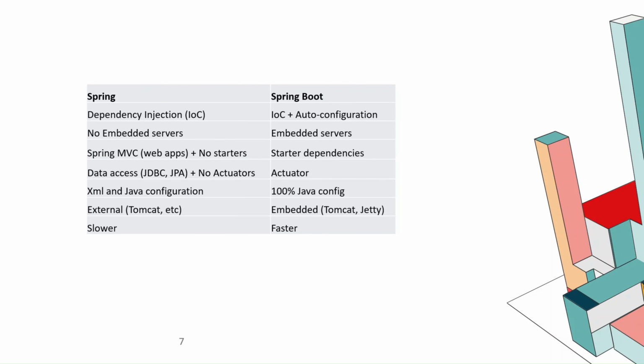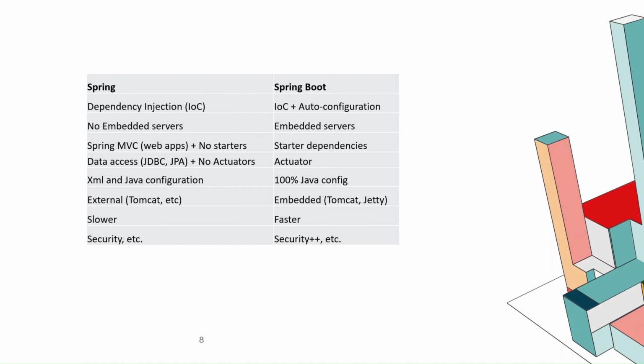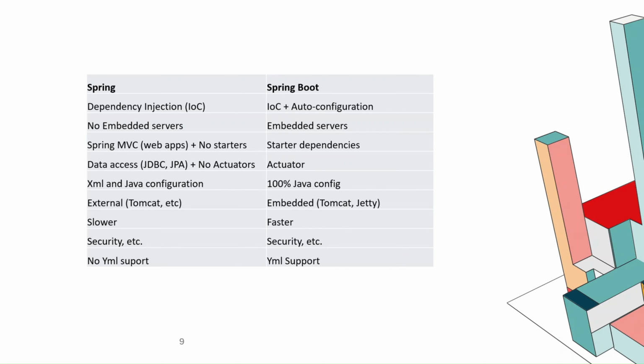Spring may not be that much faster compared to Spring Boot when we compare the speed. And security wise, Spring Boot has more features compared to Spring. And Spring doesn't support YAML, but Spring Boot has this YAML support.